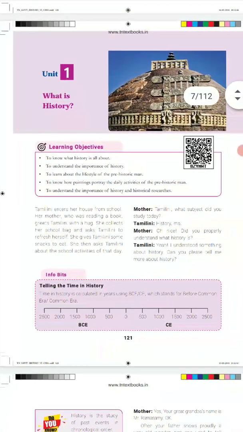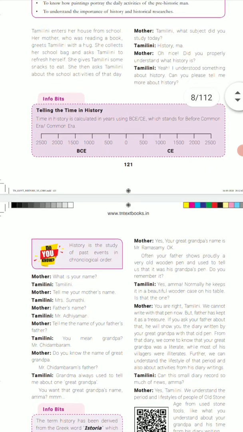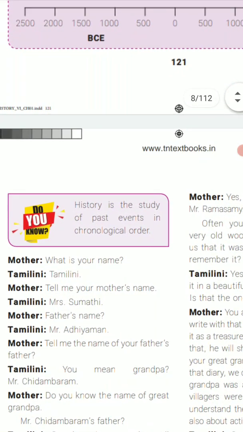Next we learn what is history. What is history? History is the study of past events in chronological order. Chronological means the order of events from first to last.